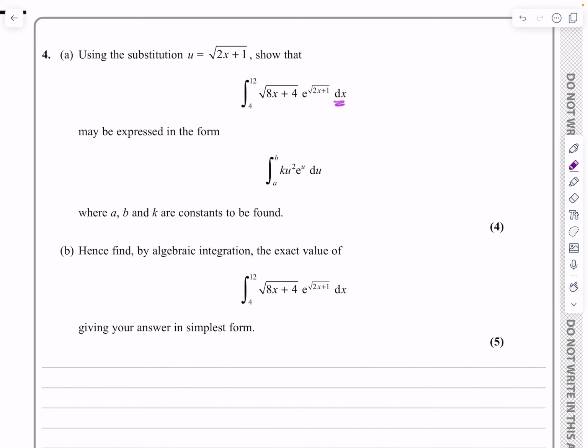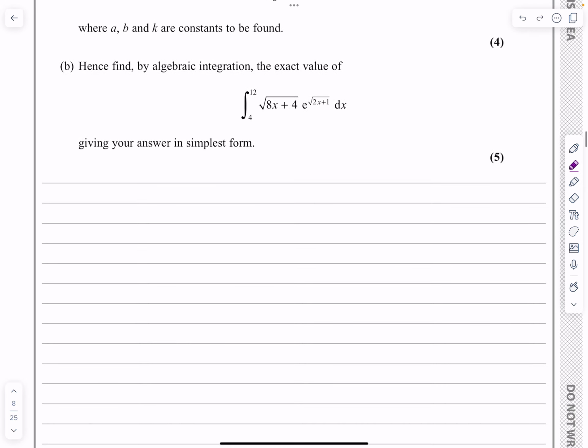So in order to get this dx sorted out, they've said u equals the square root of 2x plus 1. Well, I can't differentiate like that, so I'm going to call it u is equal to 2x plus 1 to the half, and then just focus on differentiating. So du by dx, if we're differentiating a function like this, multiply by the power, take one off the power, multiplied by the differential of what's in there, and the differential of what's in there is 2.